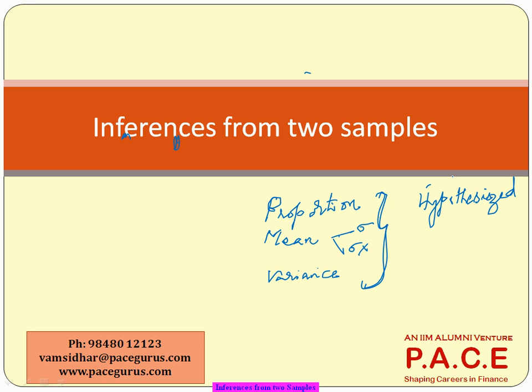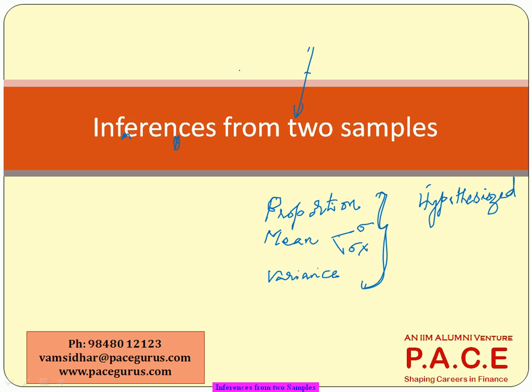Wherever we are making a conclusion not against a fixed value but in comparison with another population's parameter, that is where we use the concepts that we are going to discuss in this particular session.